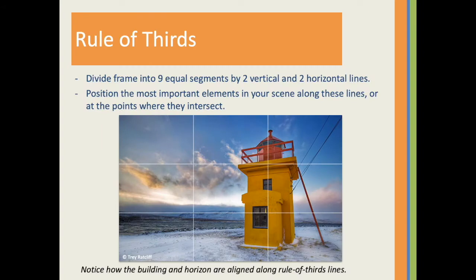But first, let's review the rule of thirds. For the rule of thirds, you simply divide the frame into 9 parts and align the key elements with the horizontal or vertical lines. So here we align the lighthouse with one of our vertical thirds. The lighthouse is the main subject.